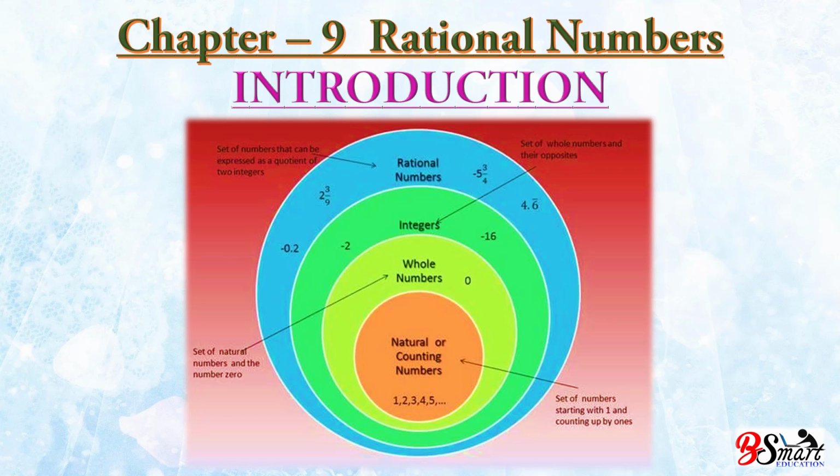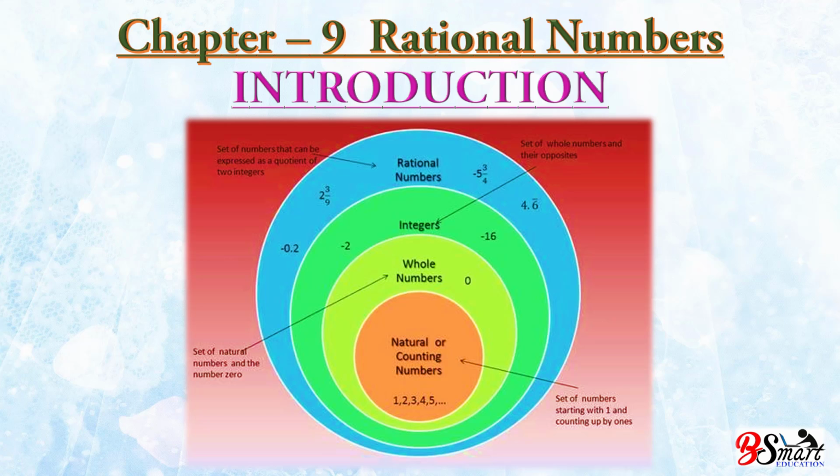These are numbers of the form numerator by denominator, where the numerator is either 0 or a positive integer and the denominator a positive integer.